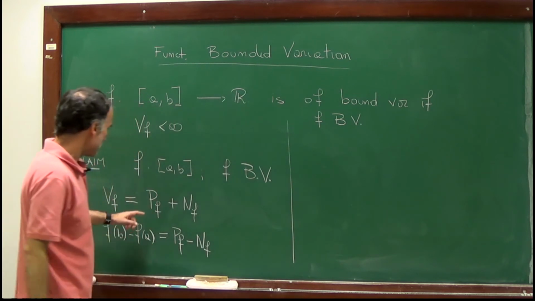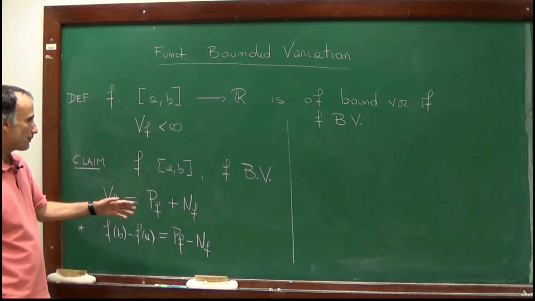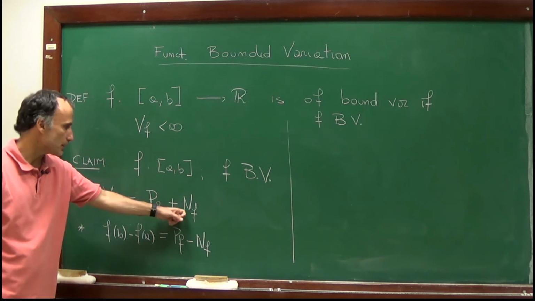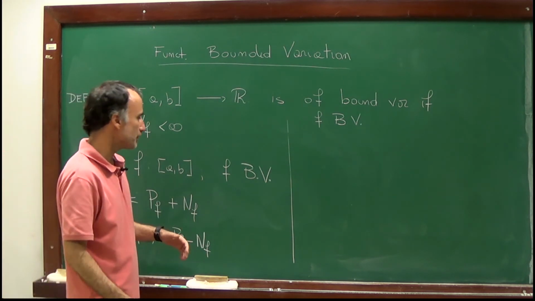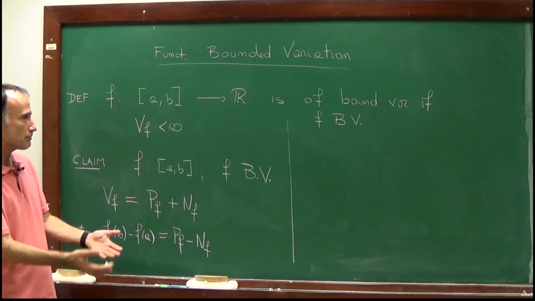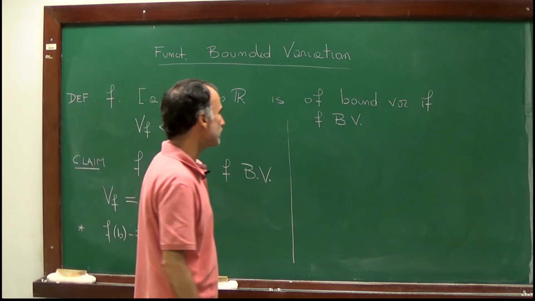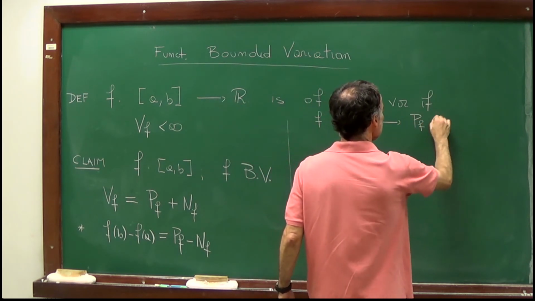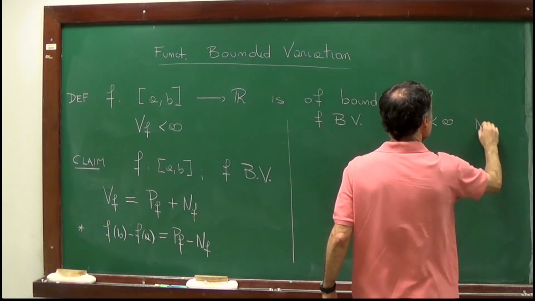Okay. So by definition, the positive variation is smaller than the total variation, and the negative variation is smaller than the total variation. Not from this equation, just from the definition of positive, negative, and total variation. So this means that Pf is finite and Nf is finite.